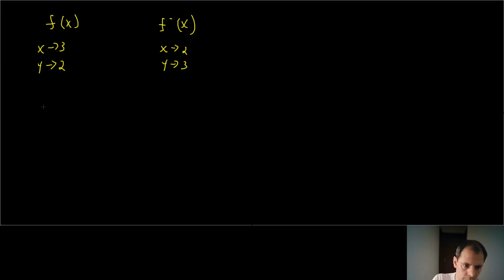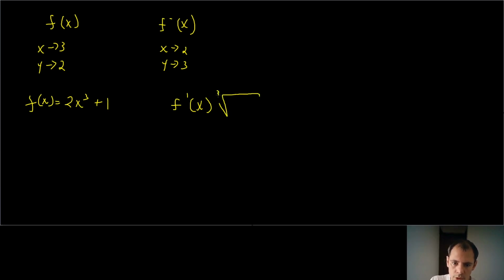That's what it means. Okay, so I'm going to show you an example here: 2x cubed plus 1. And the inverse of x is going to be the cube root of x plus 1 divided by 2.